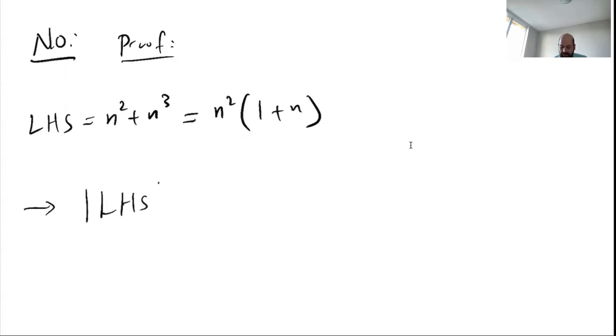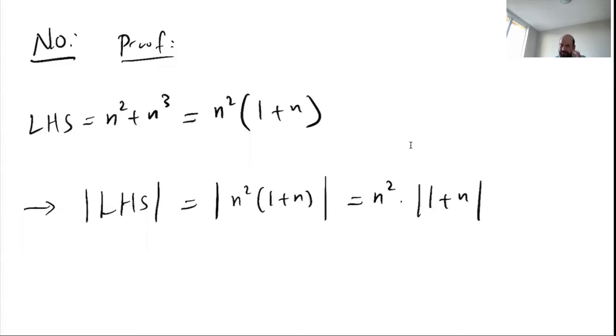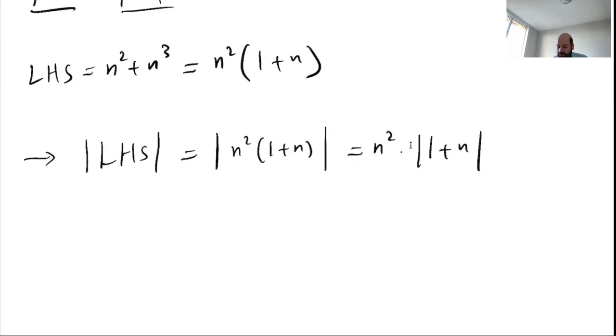The absolute value of the left-hand side is the absolute value of n squared times (1 plus n). And this is the same as n squared times the absolute value of 1 plus n. Right? Which is bigger than or equal to n squared if n is not equal to minus 1.